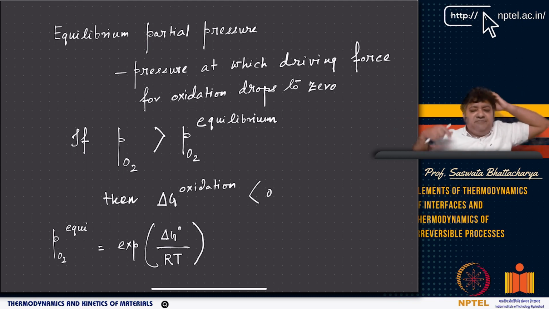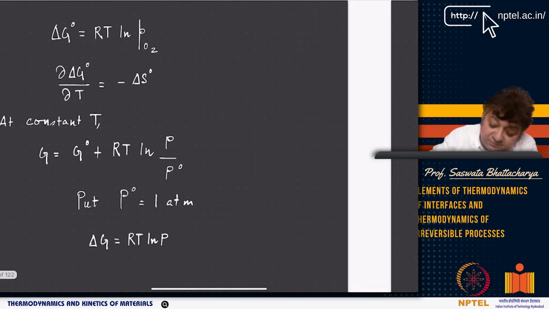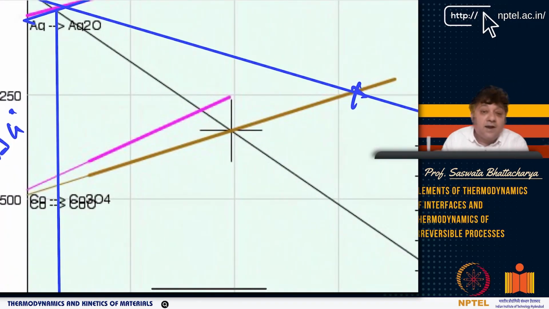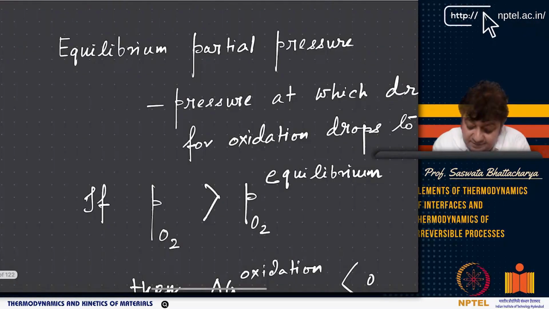However, if the oxygen partial pressure falls below the PO2 equilibrium, that is read from the nomographic scale, then the reverse reaction becomes possible. That is, instead of going from silver to silver oxide, I can go from silver oxide to silver, or alumina to aluminium. So we have to be very, very careful here.